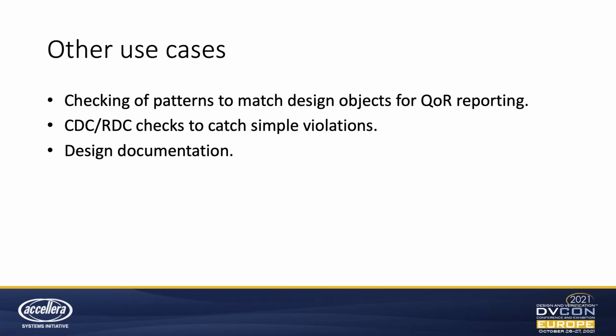Rather than have ad hoc patterns specified in TCL script, which are owned by physical design, we've moved them all into the front end. We specify them in Python, and we use Netlist Paths to check them against the design. So we ask, does this register exist? Does this port exist? Is there a path between these two points? What that does is mean that those patterns are maintained with the development of the RTL.